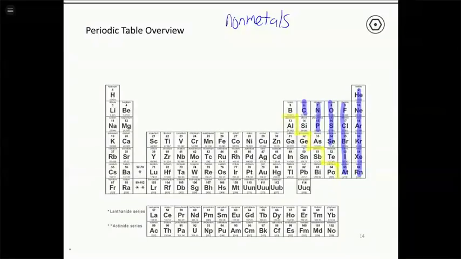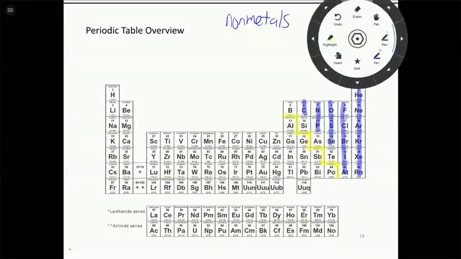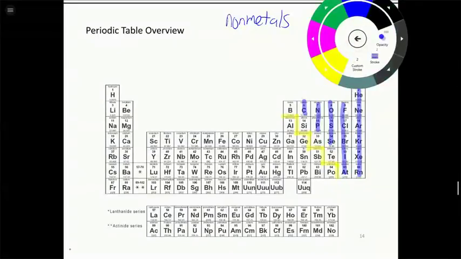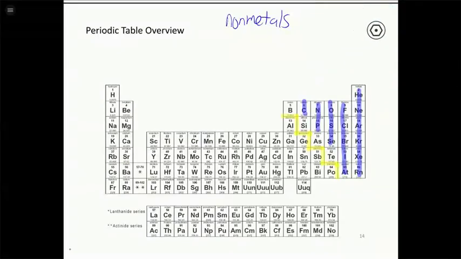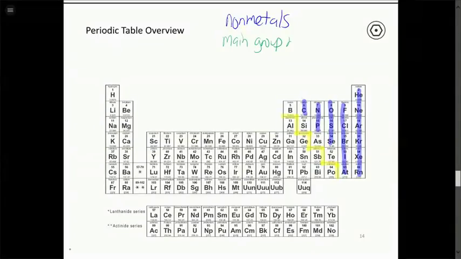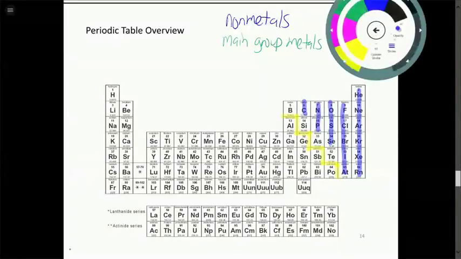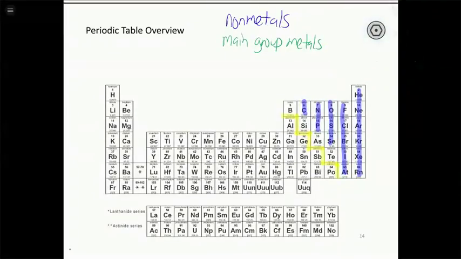Now within the metals, we have three different categories. The first one are called main group metals. We used the term main group earlier, and it refers to any element that's in the S or the P block of the periodic table.